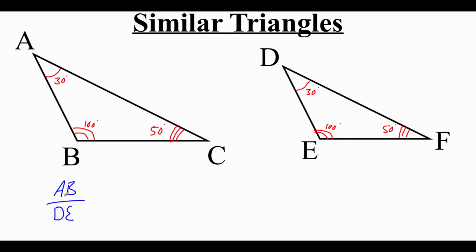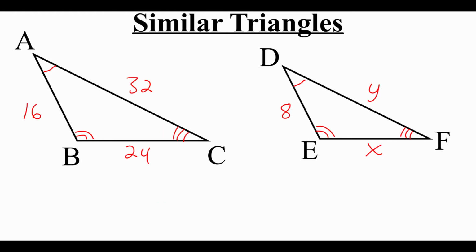Now, when we make that fraction with that set of corresponding sides, that fraction needs to be equal to the fraction if we take another pair of corresponding sides. So say we take BC and EF. To be proportional, these fractions need to be equivalent. And similarly, if we went with our longer AC side and that DF side. So when we make these fractions, they all need to be equivalent fractions.